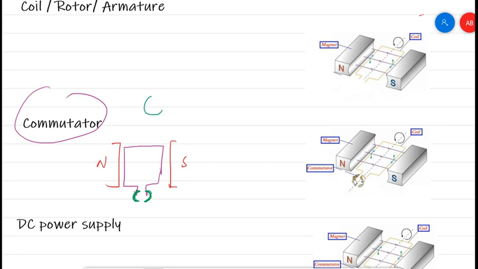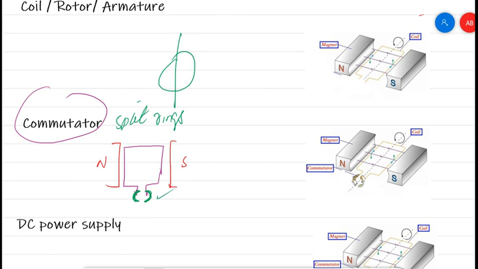Split rings, because if this is a circle and we cut it into two pieces, we get two split rings, meaning one ring has been split into two parts. That's why it is also called split rings. Keep in mind, it's very important. Usually they ask in the exam, what? Split rings. Because one ring is split into two parts.